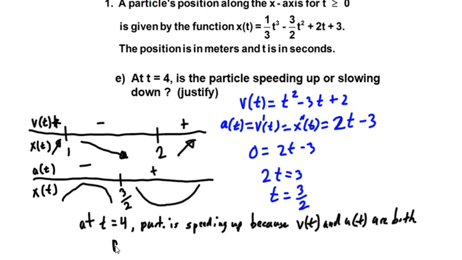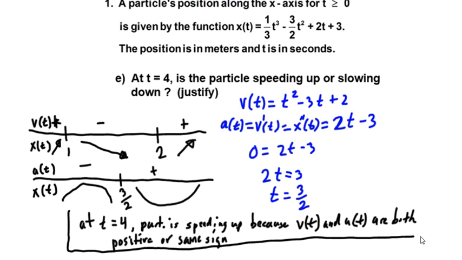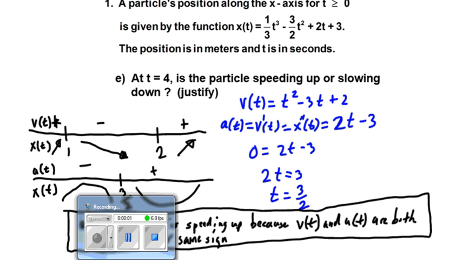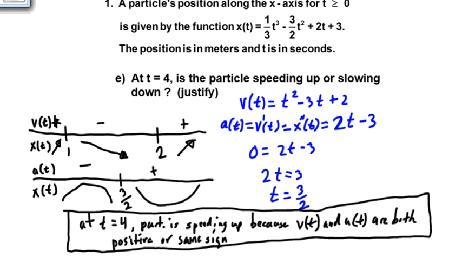More correctly, we would say they have the same sign. If they were both negative, we would still be speeding up, but if one was negative and one was positive, velocity positive and acceleration negative, or velocity negative and acceleration positive, we would be slowing down. So that concludes the test, the quiz we had. Hope it worked out well for you.